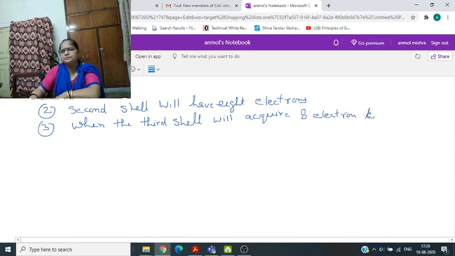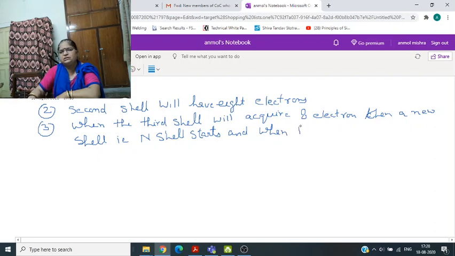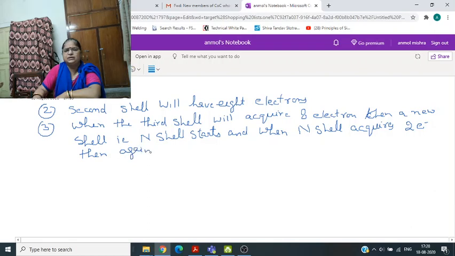then a new shell, that is N shell, starts, and when N shell acquires 2 electrons, then again M shell starts filling up.